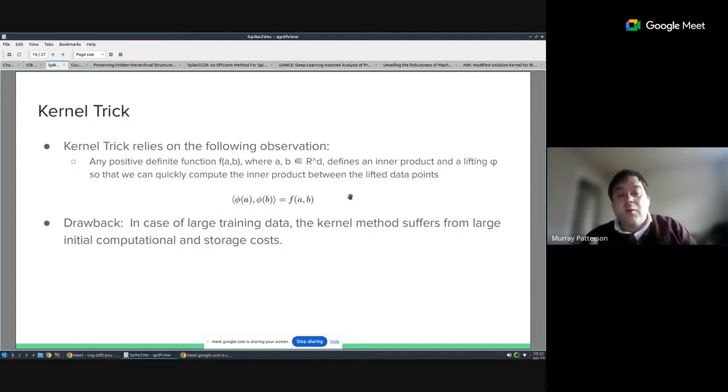So one way to speed things up is to build a kernel matrix which stores these pairs, and then you can access them really quickly.